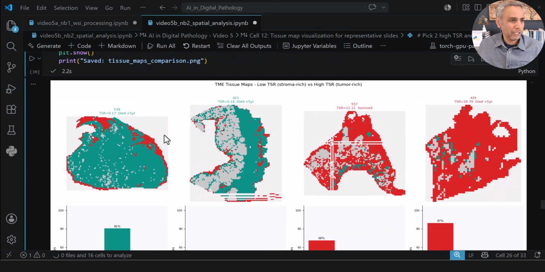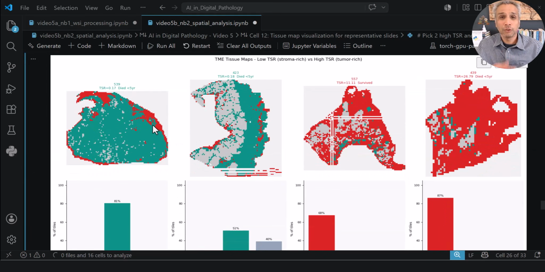Let's go down and look at what the biology is and what the outcome is. Looking at these 4 maps, we picked 2 with the lowest TSR and 2 with the highest TSR. The left one, 539, and case number 423 have TSR values of 0.17 and 0.18.